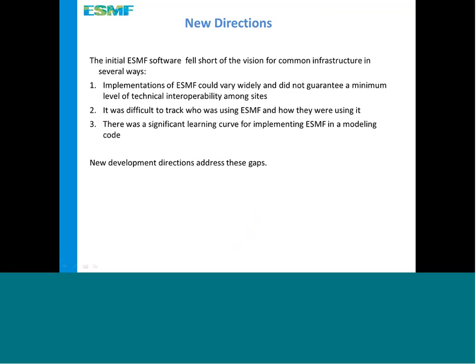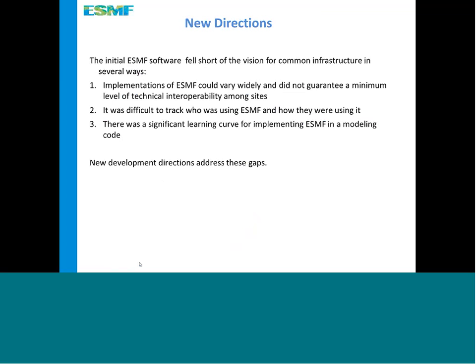The new directions. The ESMF initial software fell short of the vision for common infrastructure, I think, in several ways. So you saw the very general component interface that we have. You can use that in so many different ways. I mean, we really had very few constraints with the initial ESMF distribution about how you would call that interface, or what kind of coupling interactions you would have.